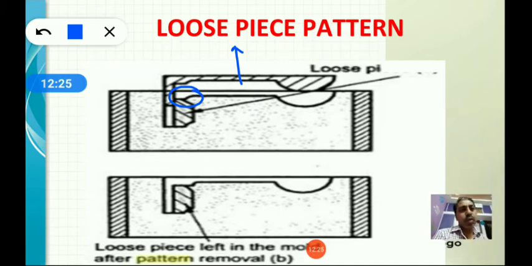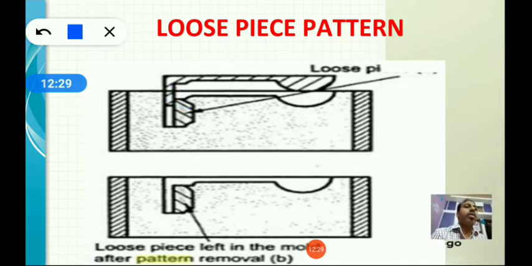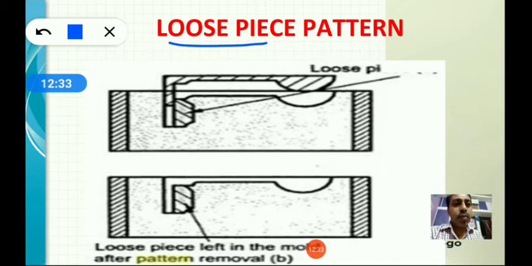To avoid this, we can use a loose piece pattern, in which the small piece is separately inserted into the flask and then filled up with sand. Then how will we remove it? We will first remove this pattern.